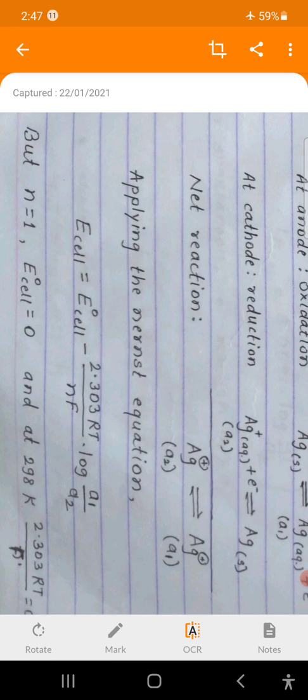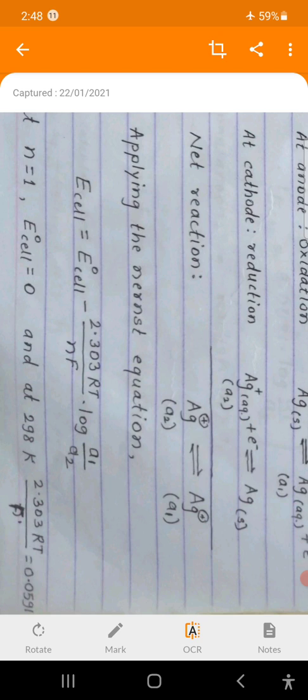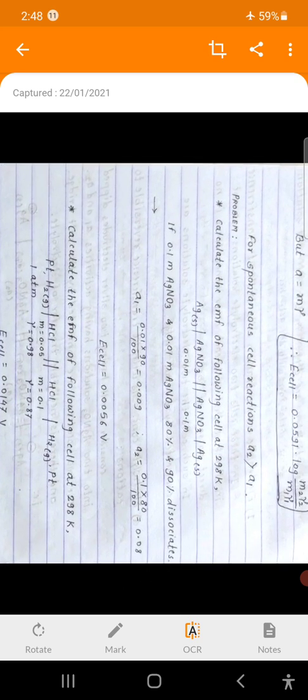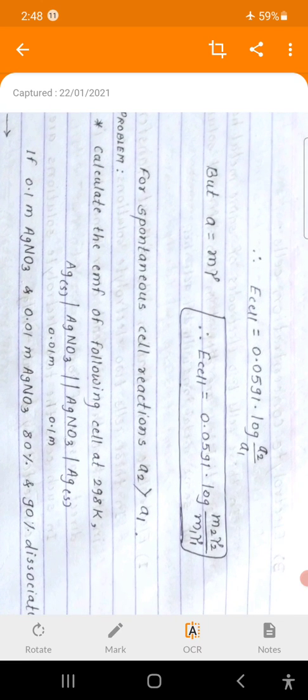E standard cell for concentration cells is always 0. At 298 Kelvin, the value of 2.303RT upon F is 0.0591. Substituting all these values and cancelling the negative sign, E cell is equal to 0.0591 log of A2 upon A1.